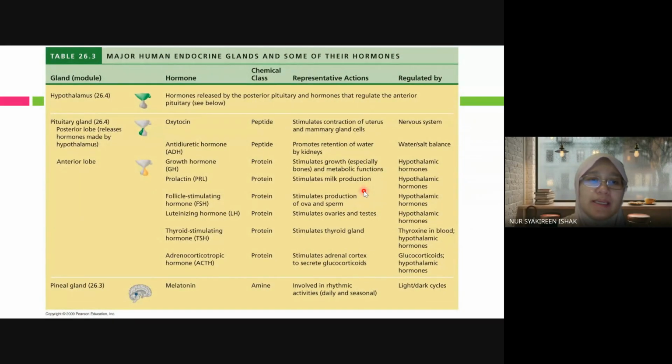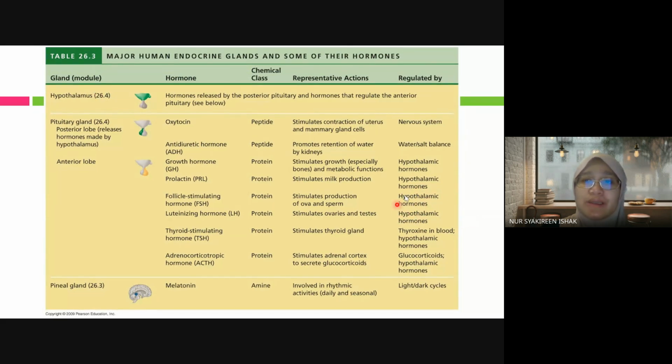And then these are all the different types of hormones produced and secreted by the anterior pituitary. Most of it, in fact all of it, is made up of proteins. This is how the hormone is regulated. If we look at these two hormones, for example FSH and LH, for them to be produced and secreted, it depends on the hormone secreted by the hypothalamus.